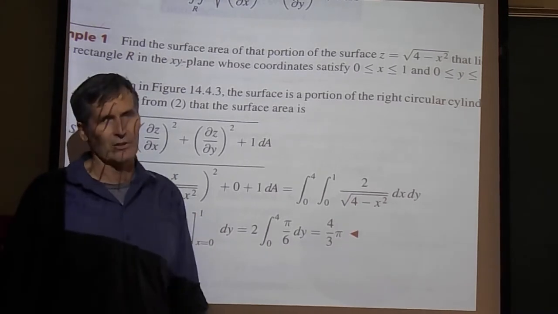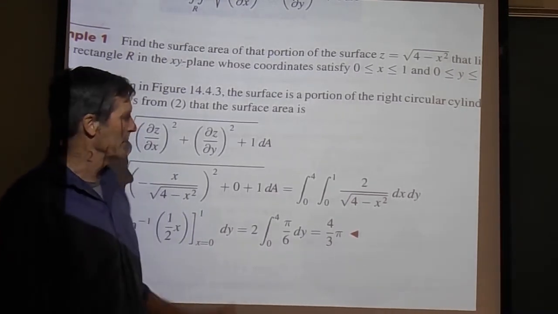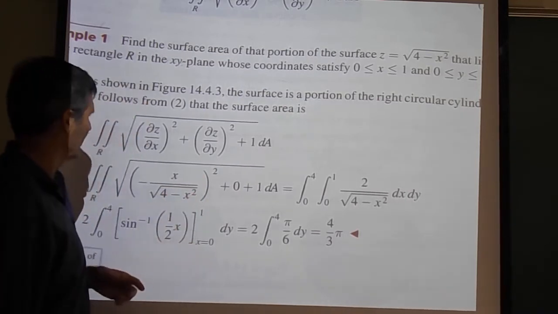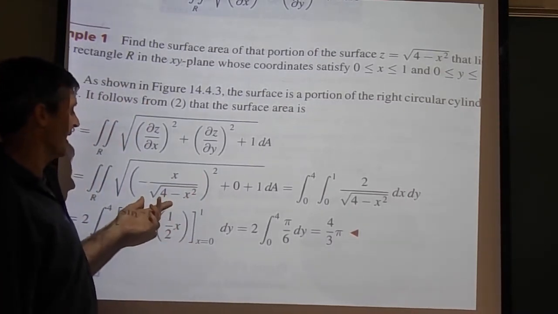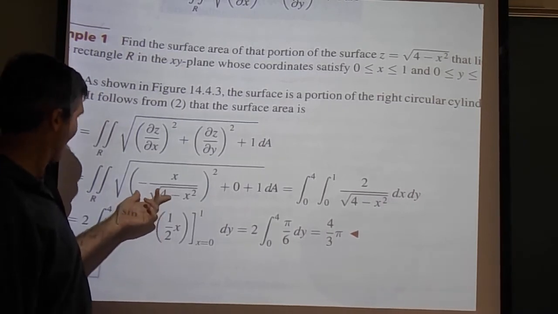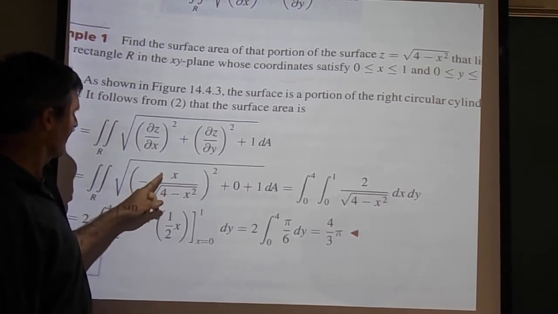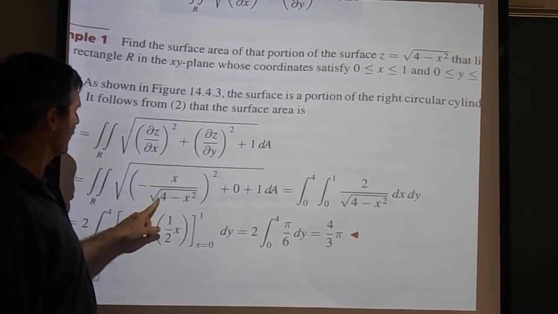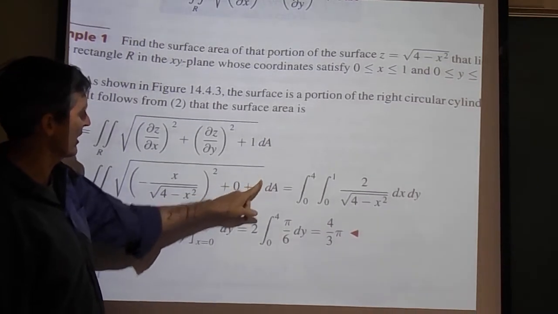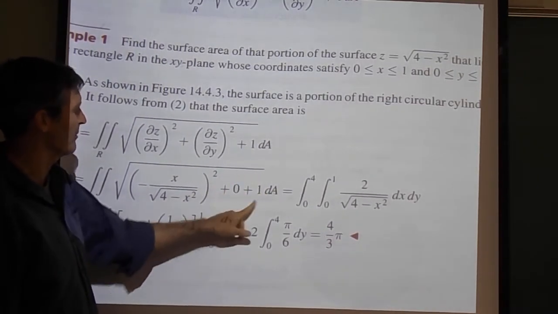One of the reasons this isn't really useful is that in practice, usually you get a square root that's too hard to do, and you just can't do it. So in this case, however, we can. This is x squared over 4 minus x squared, plus 4 minus x squared over 4 minus x squared if you give them the same denominator.